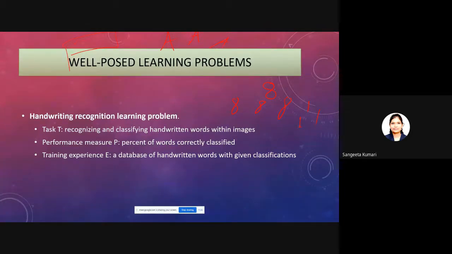Different people write differently, so it is not possible to put everything in the training data, but what we can ensure is that maximum variation is present in that database. So a database of handwritten words with a given classification means what? How many outputs would there be?